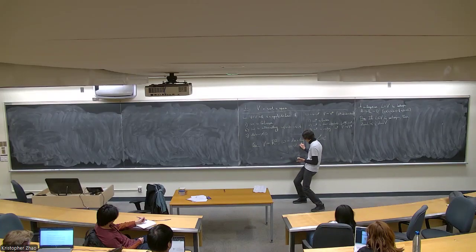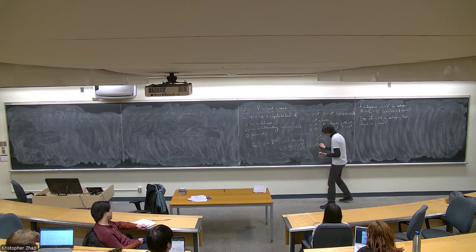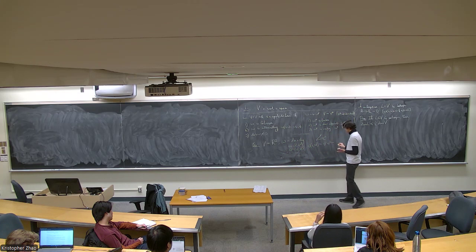If you have two vectors, v with coordinates v1, v2, and w with coordinates w1, w2, then this omega of v, w will evaluate as v1 w2 minus v2 w1.